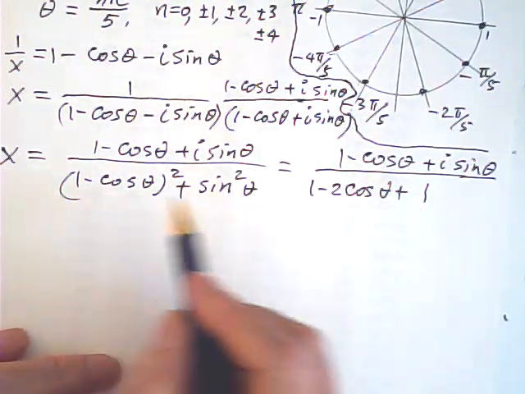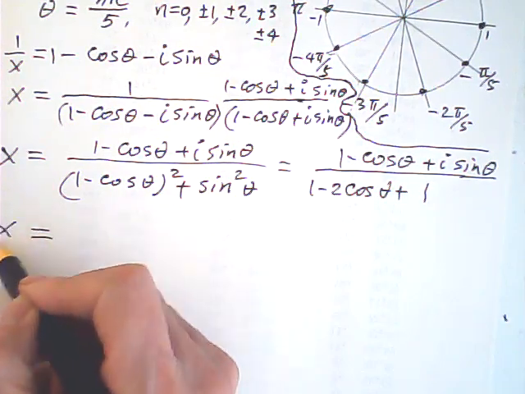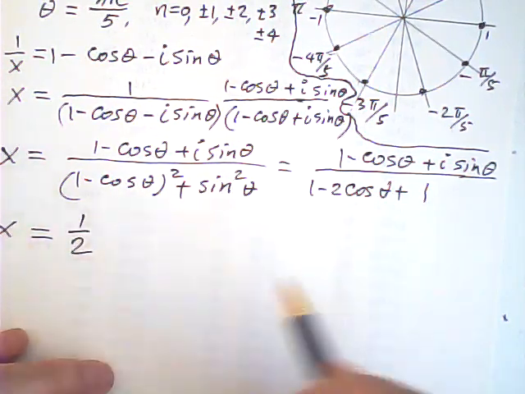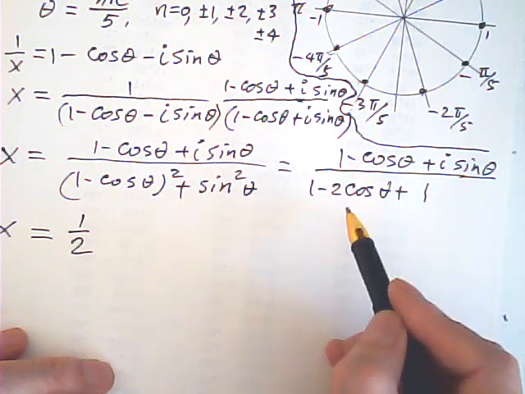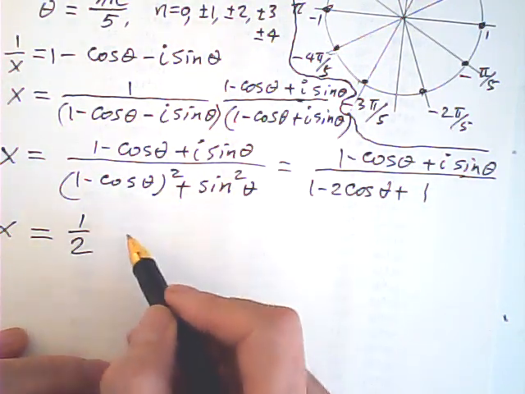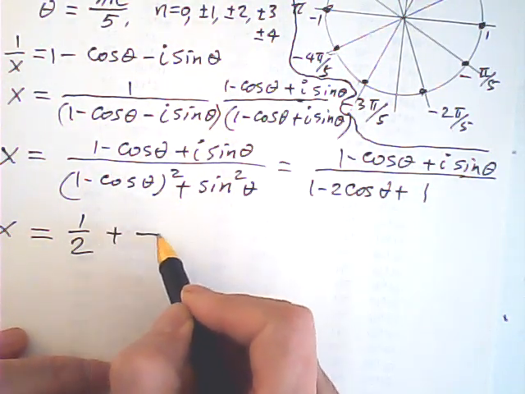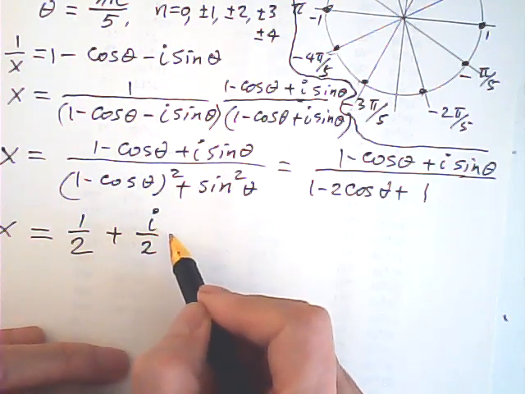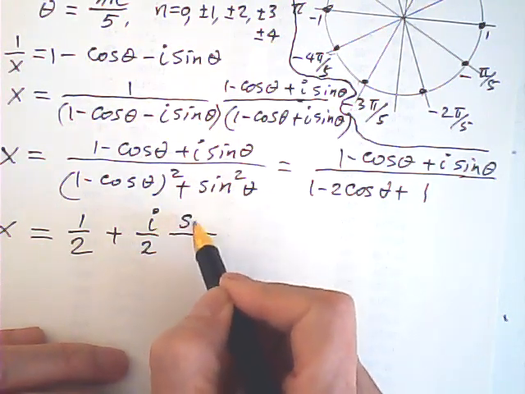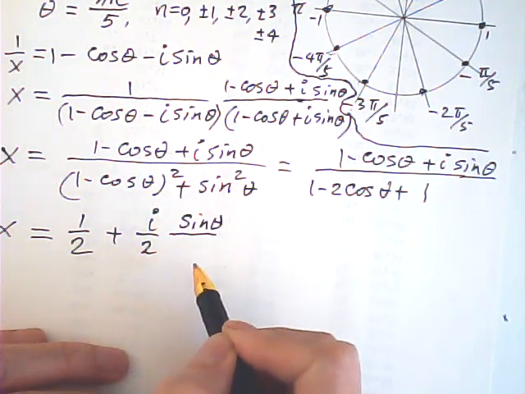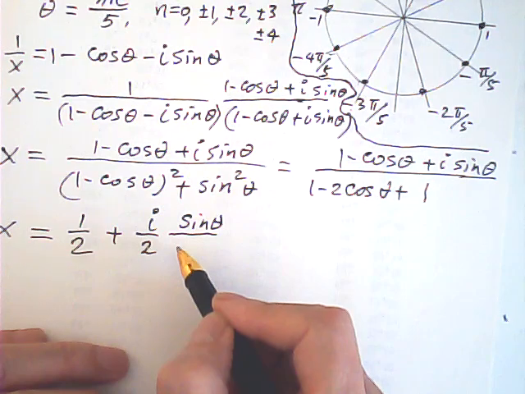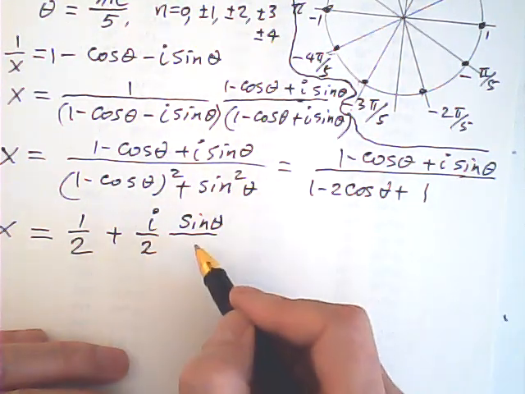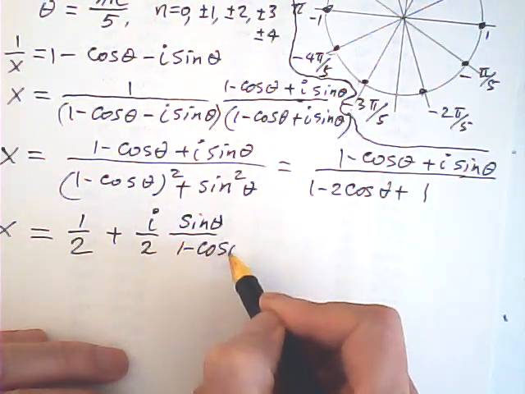So the denominator is obviously equal to 2, right? So x equals 1/2, this over that one is 1/2, plus half i times sine theta over 1 minus cosine.